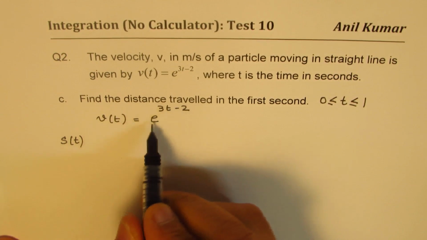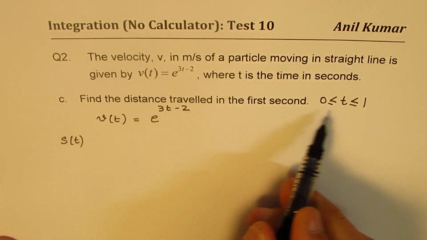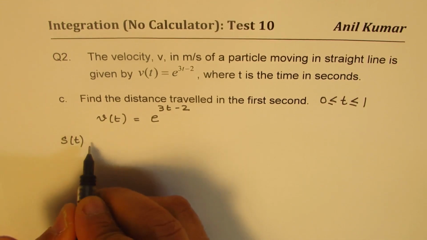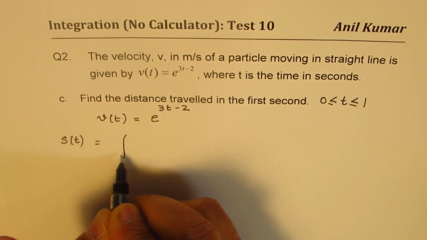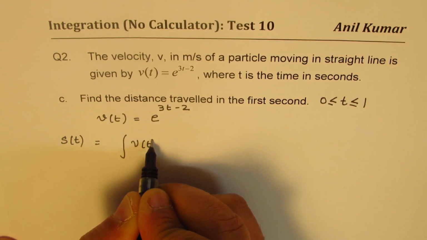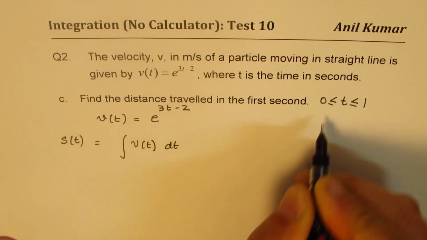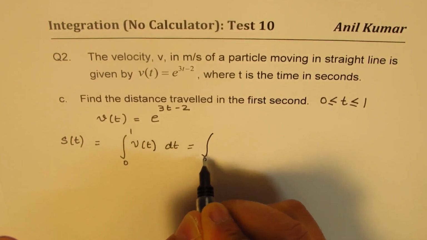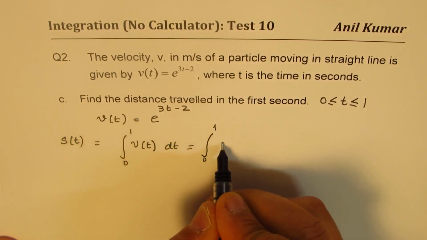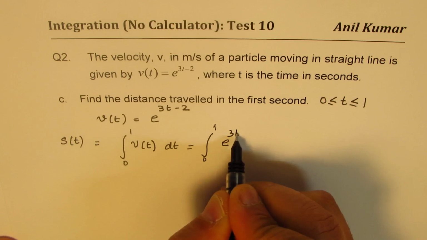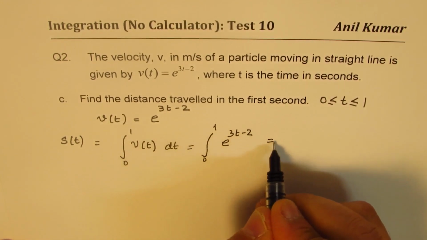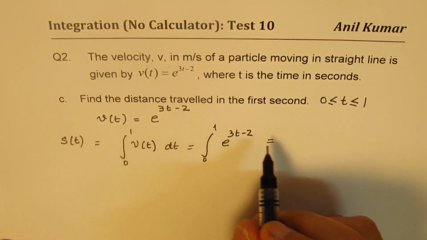Now since it is a positive function, the integral will also give you the area under the curve, which is the distance. So the distance will be the integral of v(t) dt from 0 to 1, so the definite integral of e to the power of 3t minus 2. Now we'll apply the antiderivative rules to find the solution.